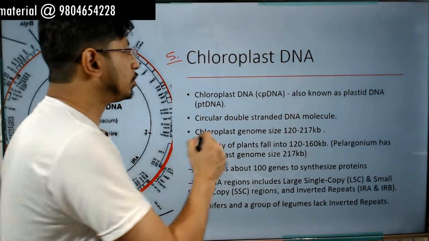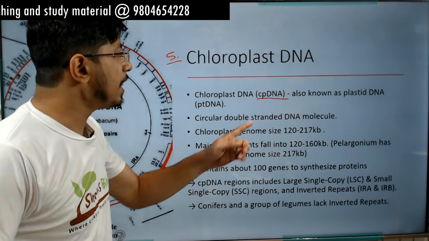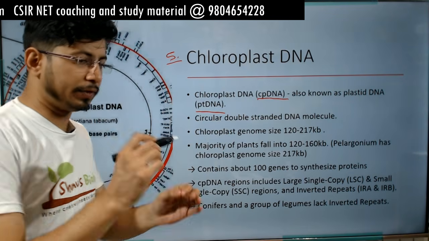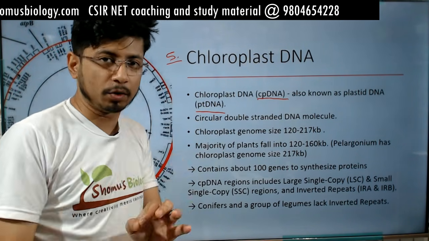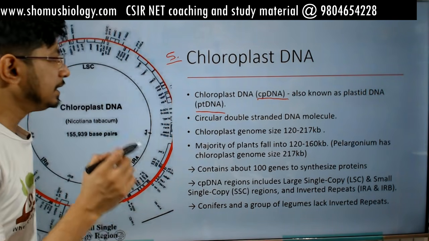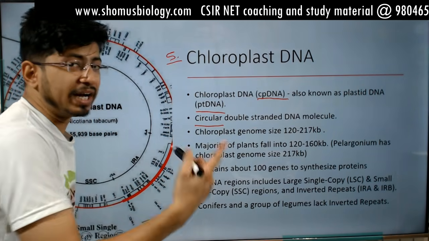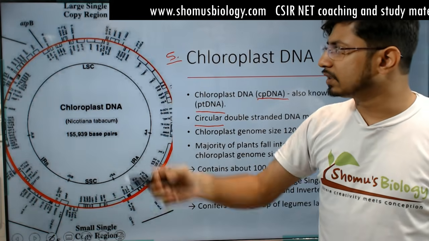Chloroplast DNA is also known as cpDNA, just like mitochondrial DNA is known as mtDNA. Also known as plastid DNA or ptDNA. So if you write it down, ptDNA or cpDNA, they are the same thing. cp for chloroplast, pt for plastid. It is circular, double stranded DNA. On the right hand side, these are the constituents of the DNA.